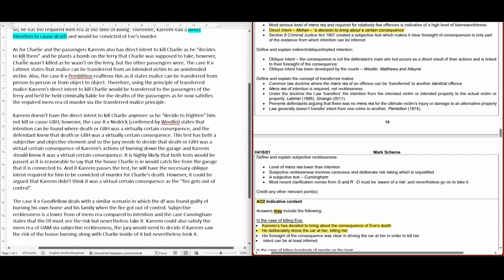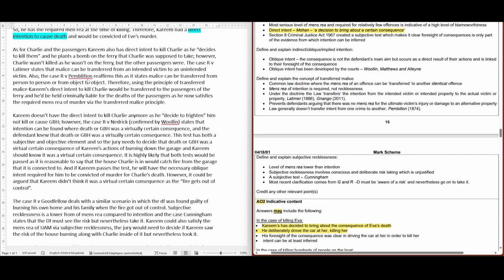The next paragraph. As for Charlie and the passengers, Kareem also has direct intent to kill Charlie as he decides to kill them, and he plants a bomb on the ferry that Charlie was supposed to take. However, Charlie wasn't killed as he wasn't on the ferry, but the other passengers were. The case R v Latimer states that malice can be transferred from an intended victim to an unintended victim.